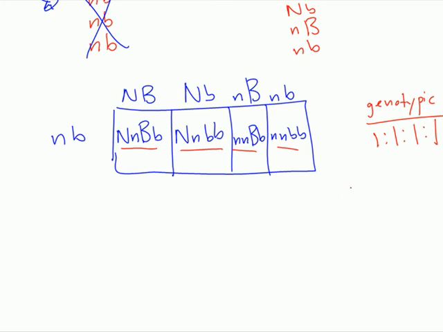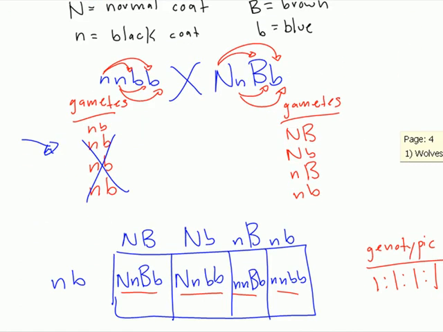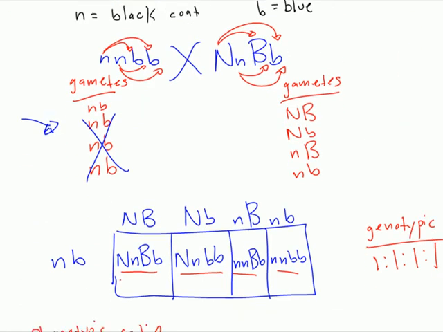But the phenotypic ratio might be a little bit different. So what does this one look like? He's got a big N and a big B, so going back up to our chart, he's going to be normal with brown eyes. This one is going to be normal, blue. This one right here is not going to be normal. He's going to be black, and he has a big B, so he's going to be brown. Black and brown, yes, like Gold Toes.